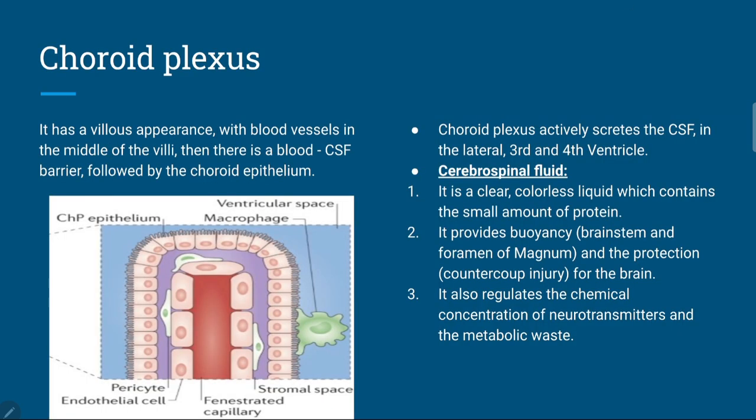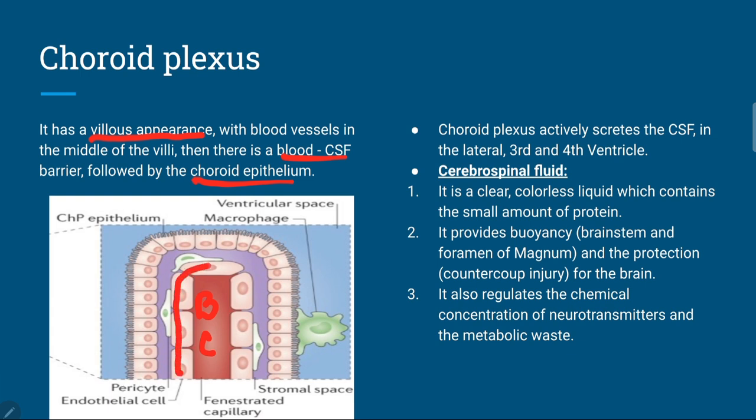Now let's look at the choroid plexus in detail. Basically it has a villous appearance, just like villi, with the blood vessels in the middle. So you see this is the blood vessel right there, and there's a blood-CSF barrier followed by the choroid epithelium. Let's look at this picture again. You have the blood capillary right there.